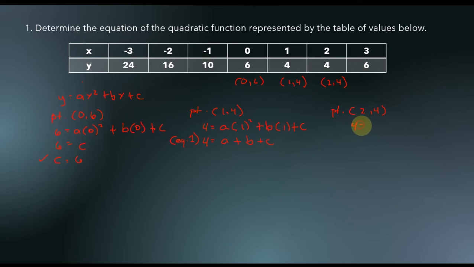So 4 equals a times 2 squared plus b times 2 plus c. Simplifying, 4 equals 4a plus 2b plus c. So this is your equation 2.